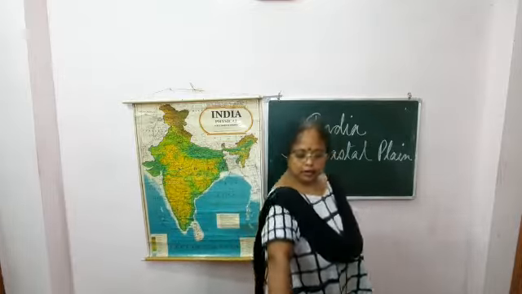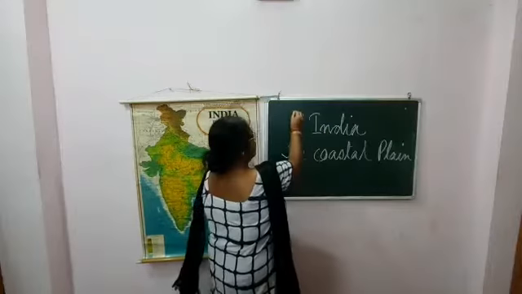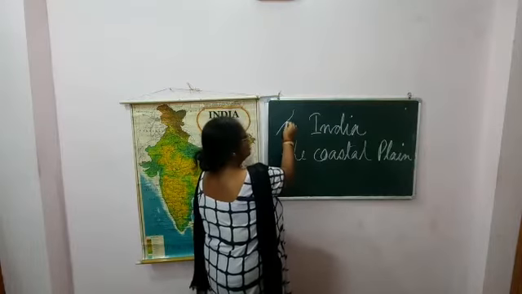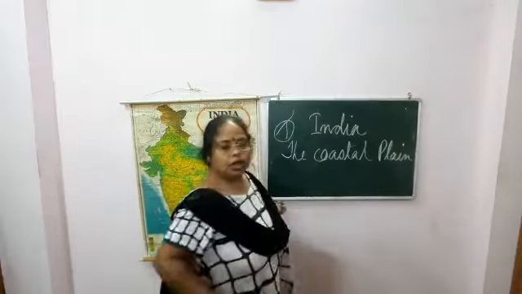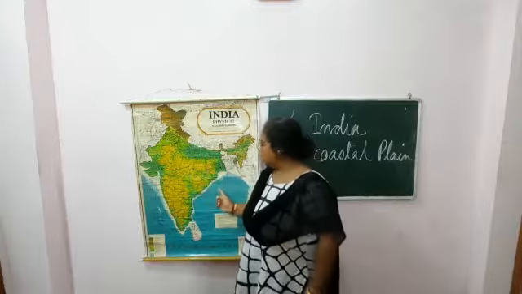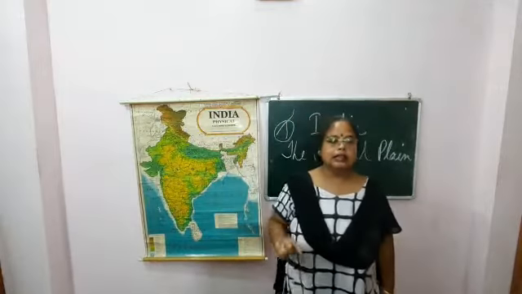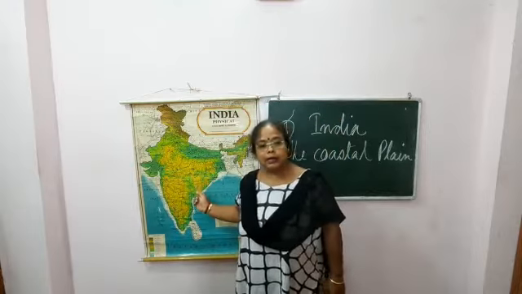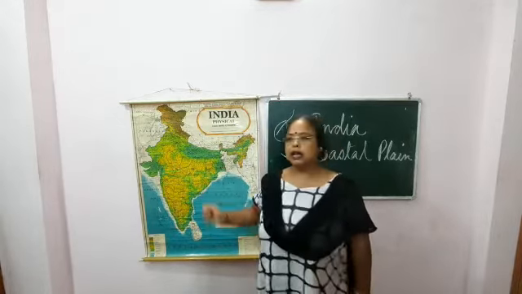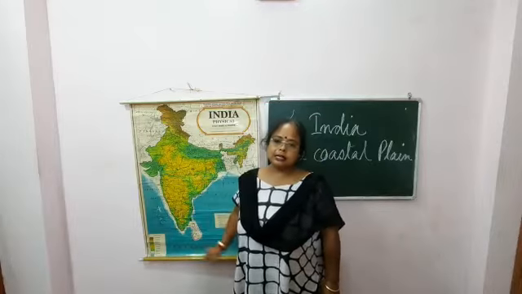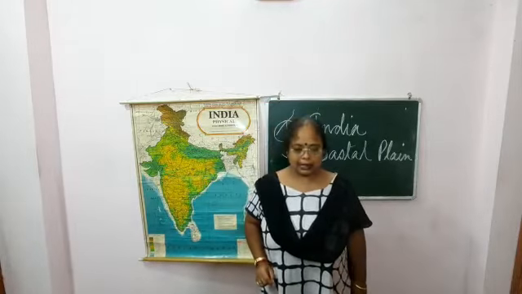Whenever the river mouth forms this shape, it is a delta shape. So whenever these rivers flow into the Bay of Bengal, they form deltas: the Godavari, Krishna, Kaveri and Mahanadi, flowing into the eastern side, form deltas.